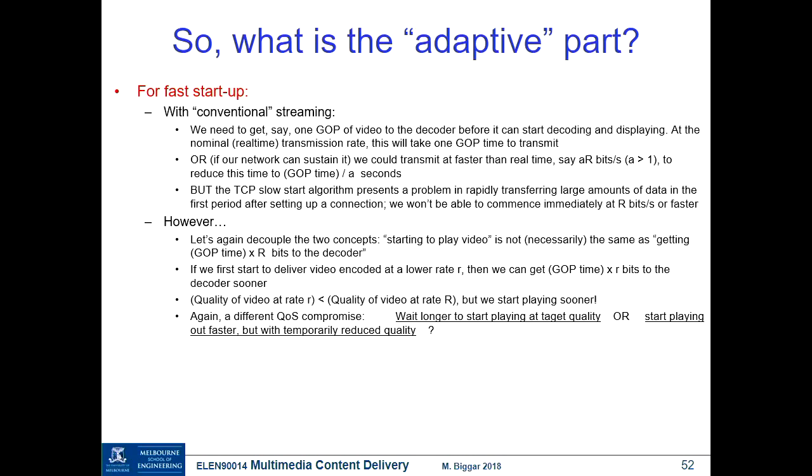So again, the quality of the video at the lower rate is going to be less than that at the higher rate, but at least we start playing sooner. And in this case, the quality of service compromise is that instead of waiting longer to play at the target quality, we start playing out faster, but with a temporarily reduced quality.